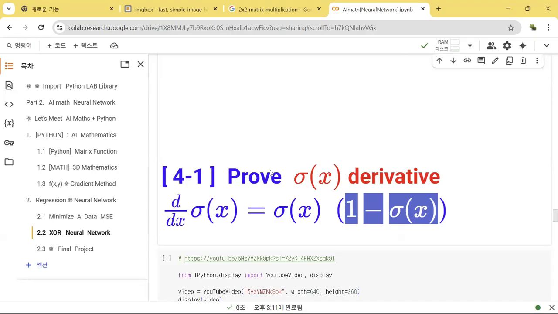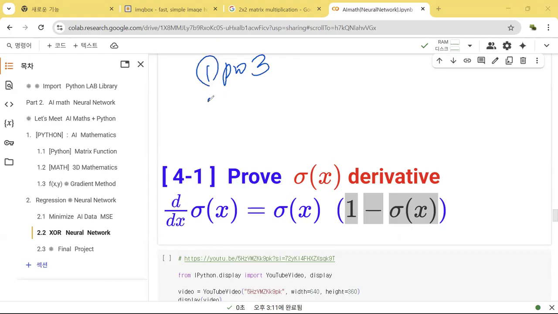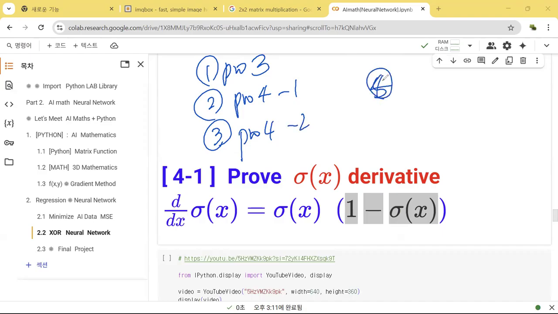So in the final examination, problem 3 will be our first problem. The second problem is a sub-problem of problem 4. The third one is problem 4. The fourth problem is problem 4.